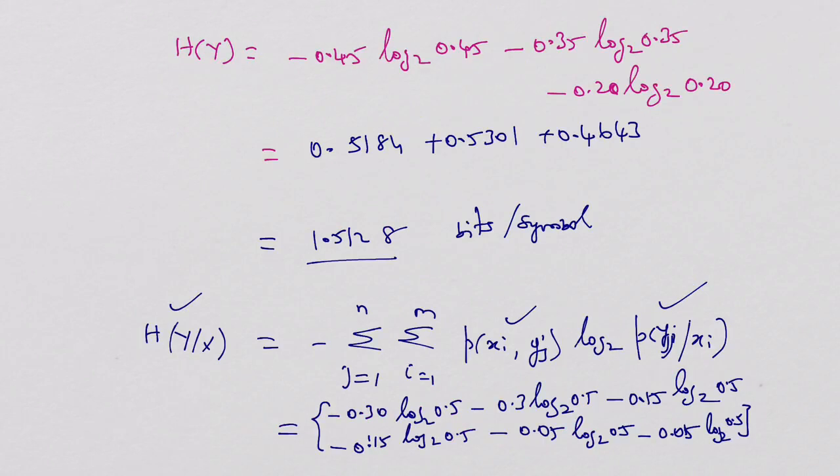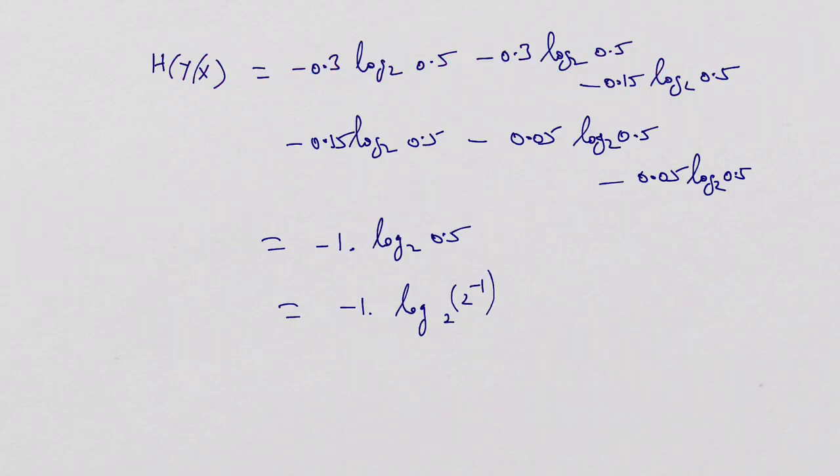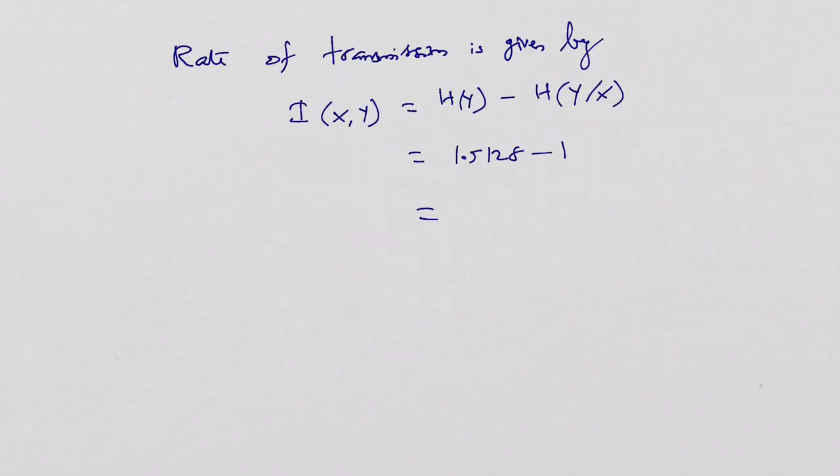So the value will become simply 1 bit per symbol. So the rate of transmission is given by H of Y minus H of Y given X. It is 1.5128 minus 1, which is equal to 0.5128 bits per symbol.